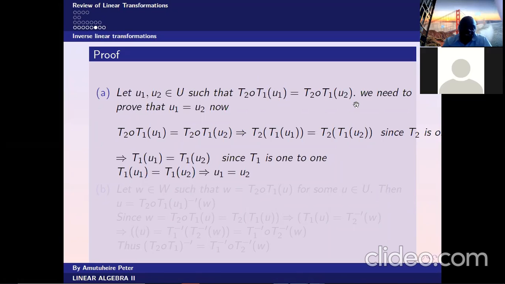Actually, to prove that the function is 1-to-1, we need to check that if the images are equal, then their objects are also equal, because 1-to-1 requires that no element in the range is mapped from more than one element in the domain.